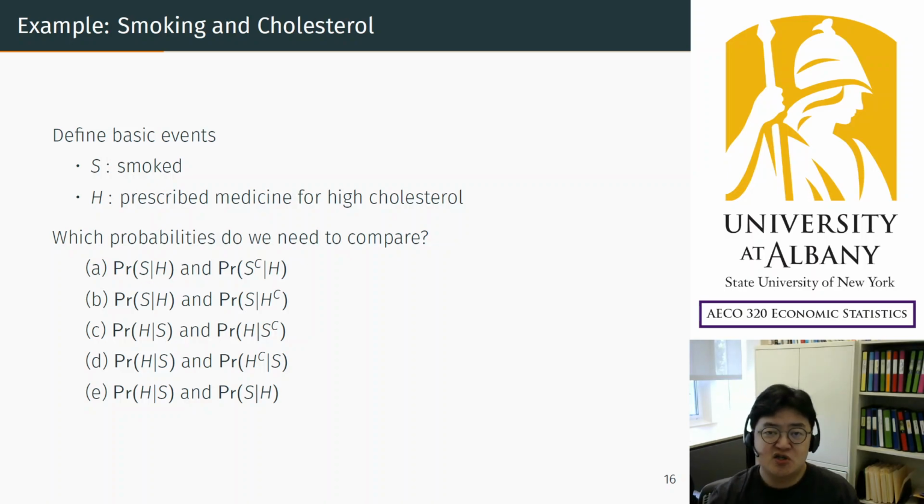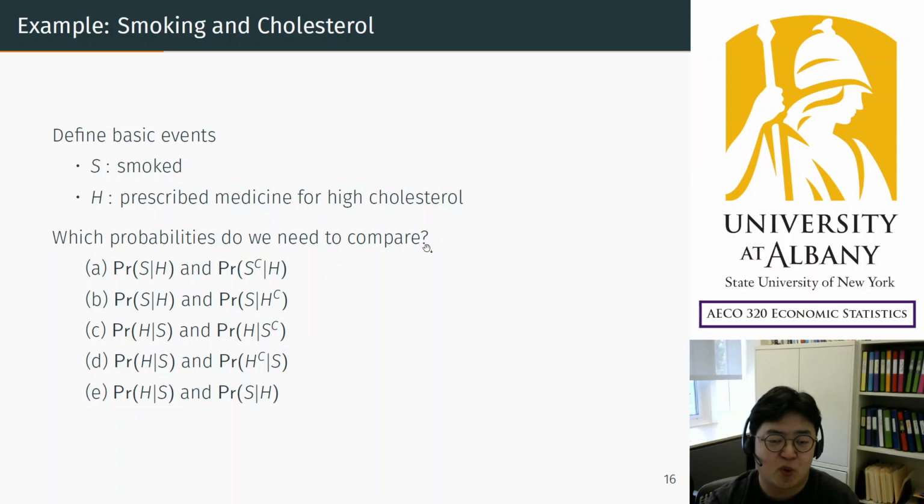So now, what are the conditional probabilities that we need to compare? Remember, we would like to estimate the risk of high cholesterol for those who smoke compared with those who never smoked, right? So think about this question.